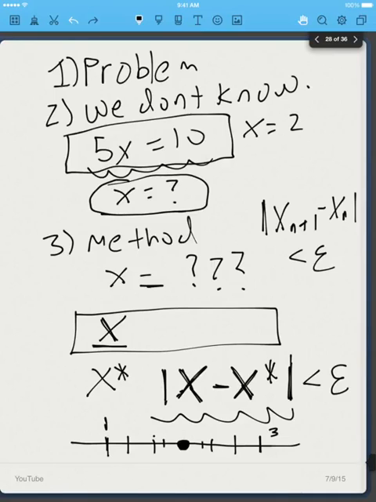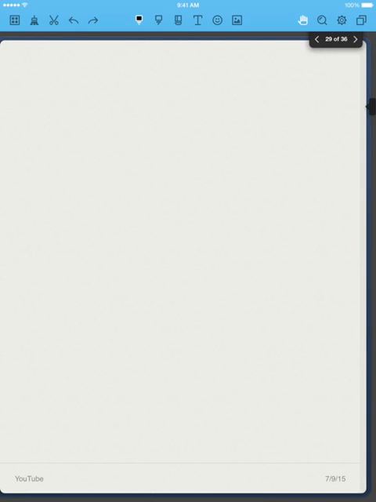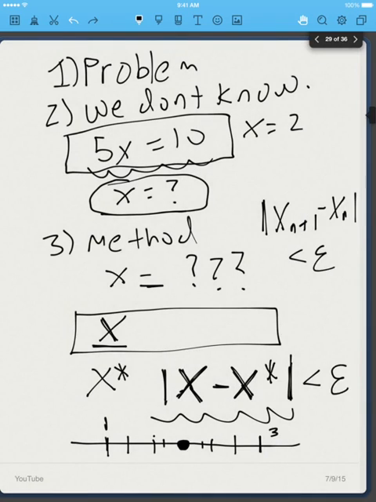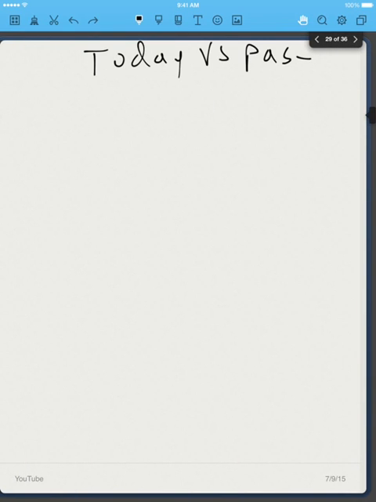So overall, I really want to say that numerical analysis is super powerful. Today versus the past, what was the problem with the past first?